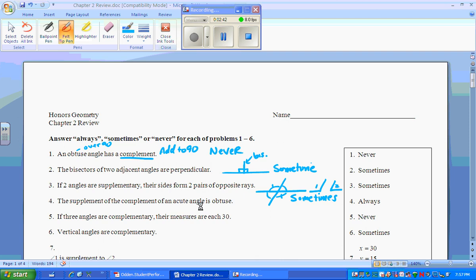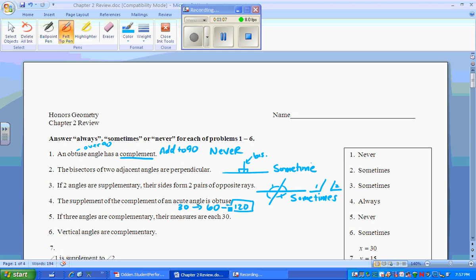Number 4, the supplement of the complement of an acute angle is obtuse. So what do we start with? We're starting with an acute angle. So pick a number. Let's say you start with 30. The supplement of the complement. Well, what's the complement of this? The complement is 60, which then means the supplement to that is 120, which is obtuse.